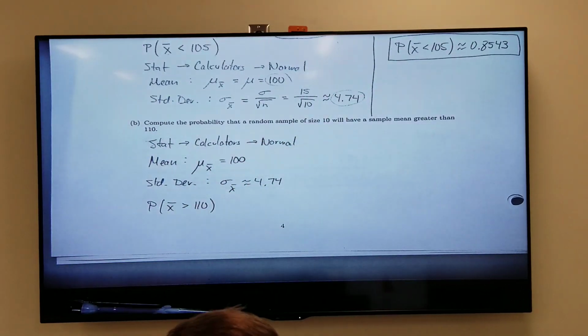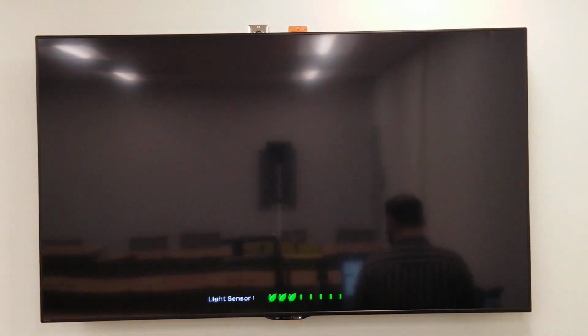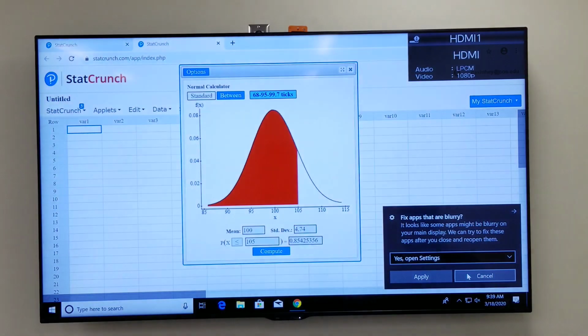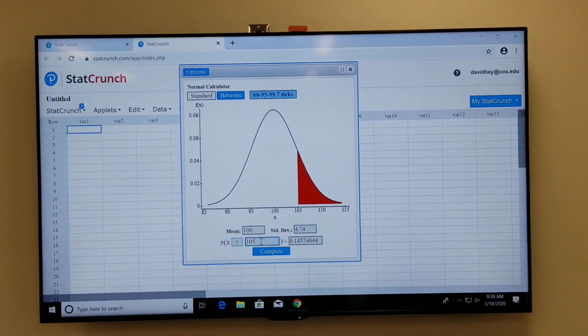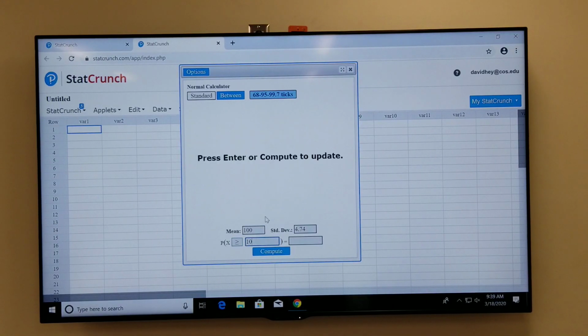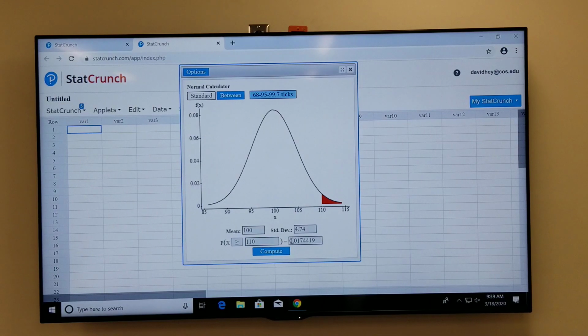Let's see what we get. Okay, probability x bar is greater than 110. And there we go. About 0.0174.